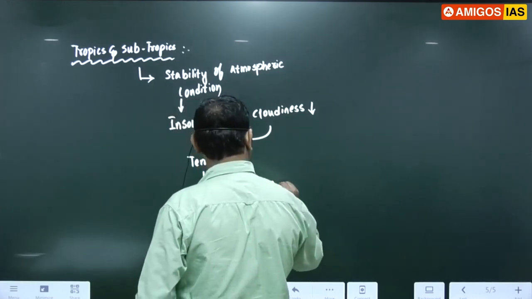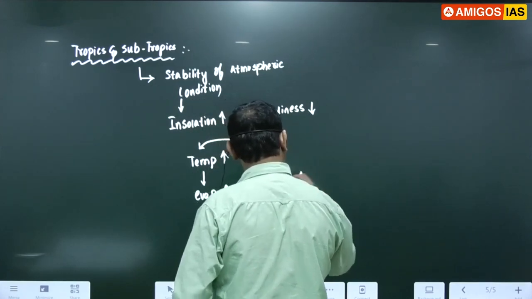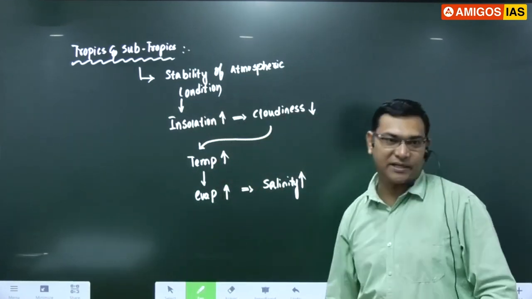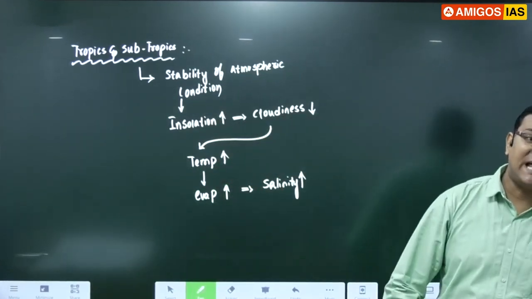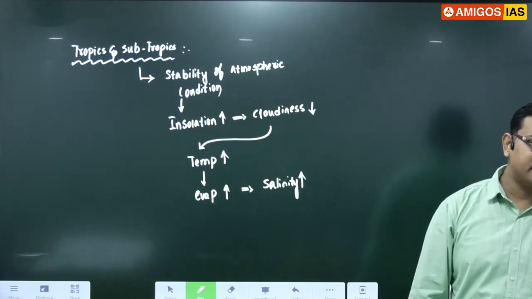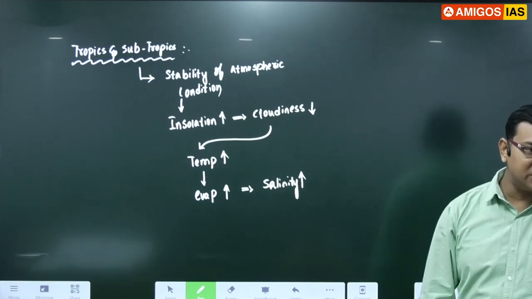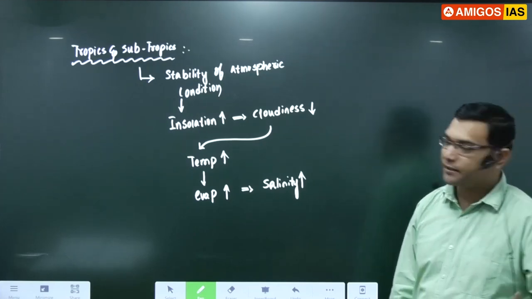So where do you find more salinity? Equator or tropics? Tropics. Can I say the salinity decreases from the tropics towards the poles? General statement. Point clear? Right.